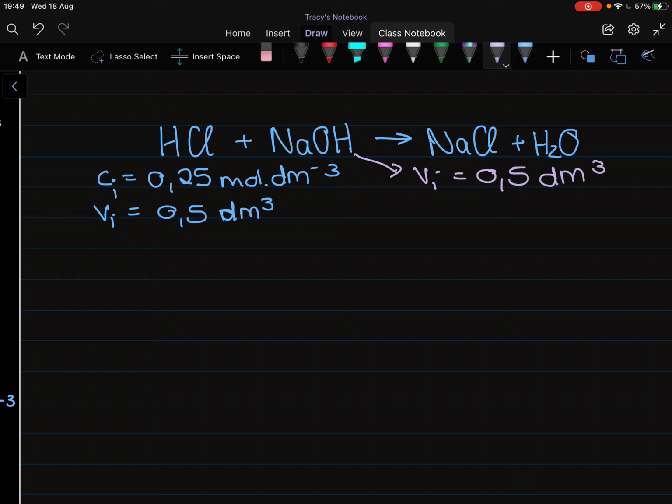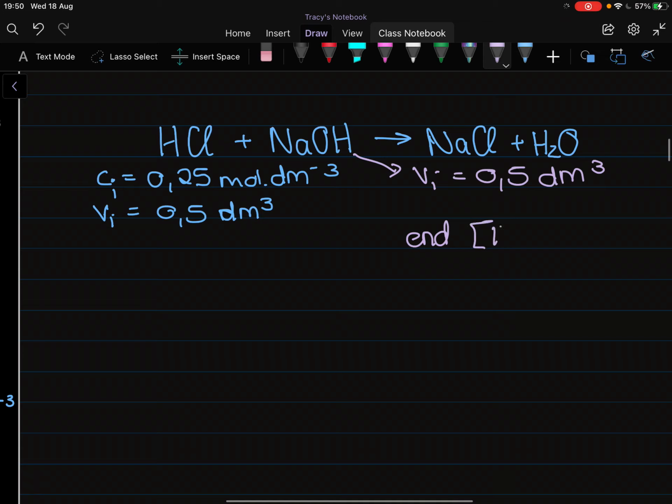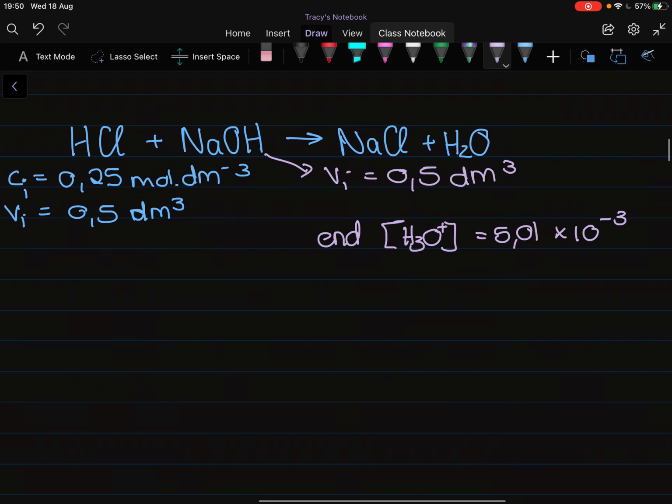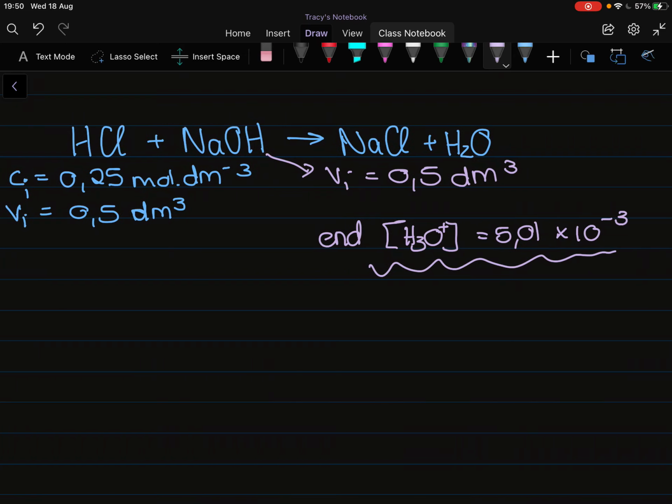And I know at the end, okay, so when I get to the end, I know that I have the H3O plus concentration, we've just worked it out, is 5,01 times 10 to the minus 3. Okay? What that means for me is this is what's left over when the HCl and the NaOH react with each other.